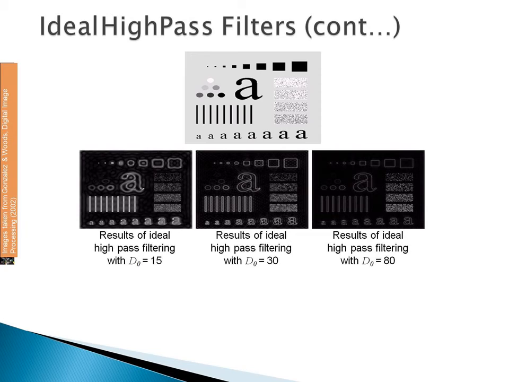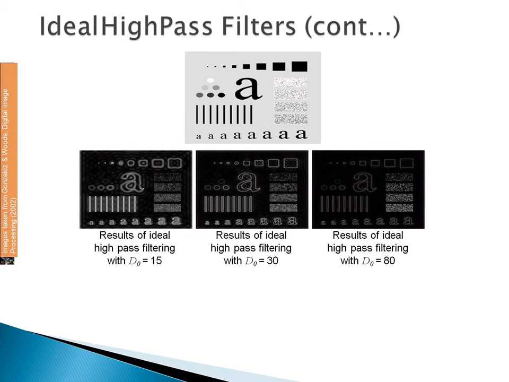So here we have the original image and the result of the ideal high pass filtering with d naught equals 15, d naught equals 30 and d naught equals 80. We can see that the image is getting better and better, and the clarity becomes clearer as the distance increases.